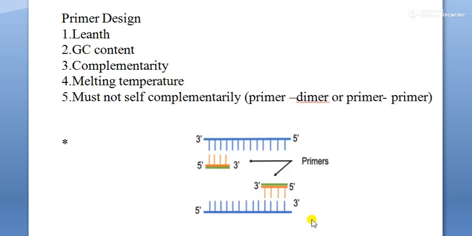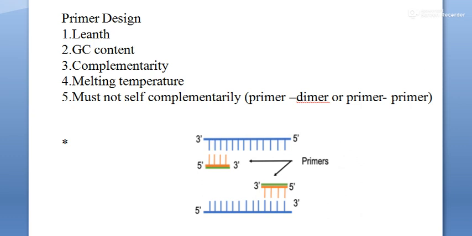Before entering into the process, we need something necessary, that is knowing the sequence of the DNA which we need to clone, and the second one, primer design. So what is the necessary point we need to clear? That is the length of the primer. The length of the primer should be small.